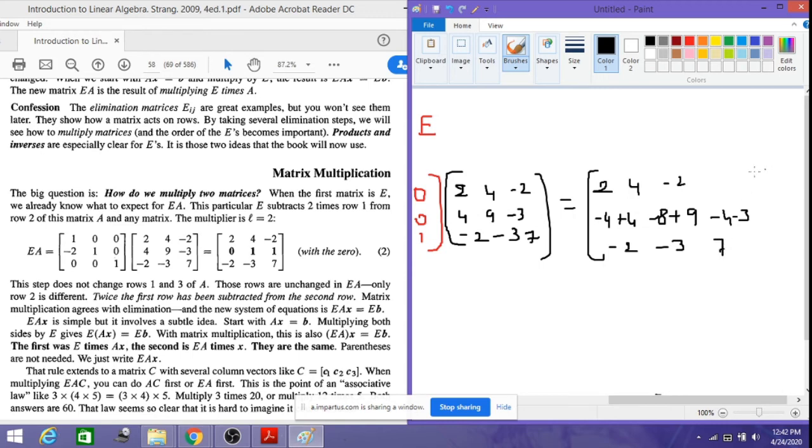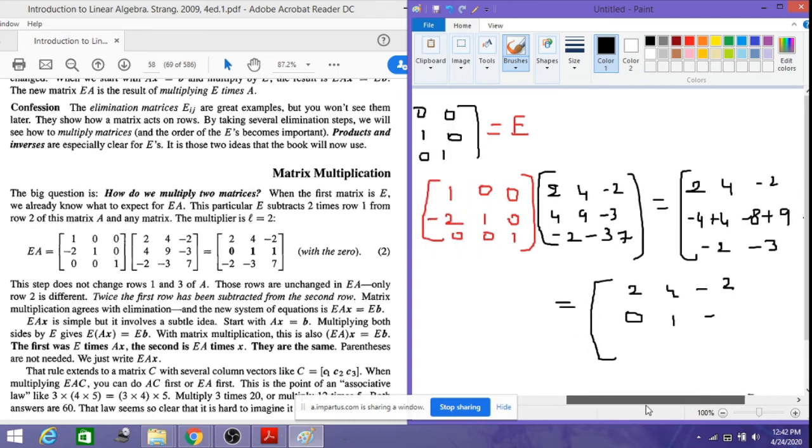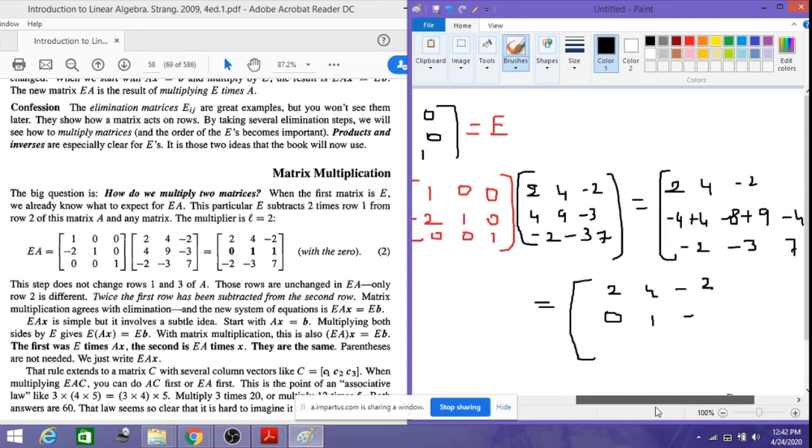So now when you simplify this, you see this is 2, 4, minus 2. Now this has become 0, this has become 1, and is it minus 7? I think I have missed something.